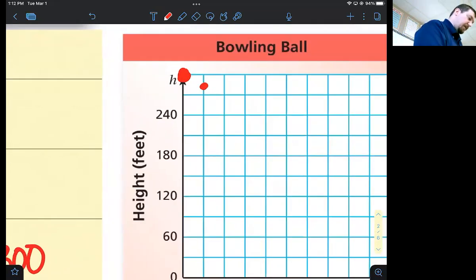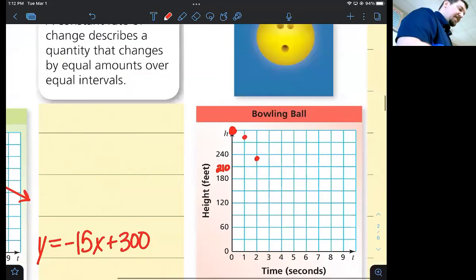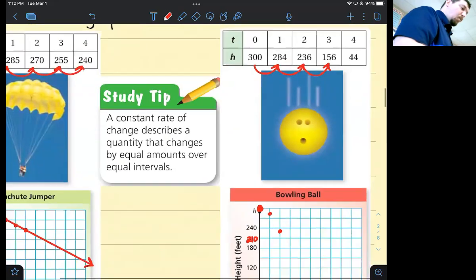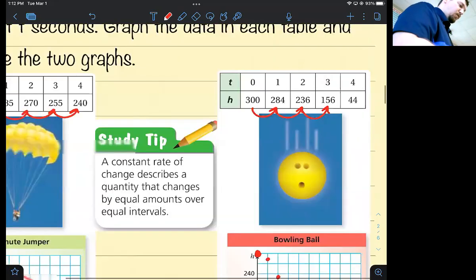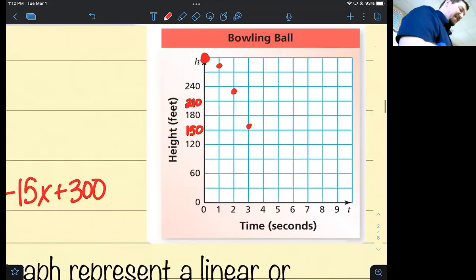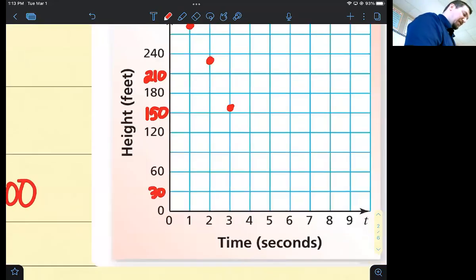So this is 210, and 236 is going to put us close to there, just before 240. And then at 3 seconds, we're at 156. So this is 150, and 156 would be just after 150. And then at 4 seconds, we're at 44 feet. So if this is 30, 44 would be almost halfway between.